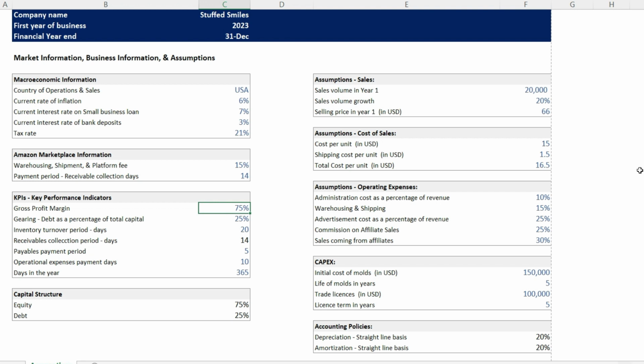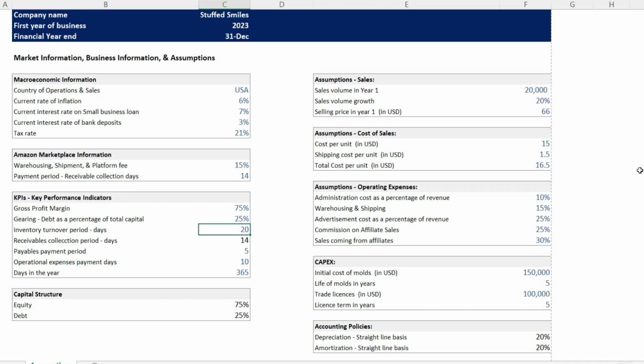The gearing, which is basically debt as a percentage of total capital of the company, the client has agreed to maintain at 25% to begin with, but as we move year on year, we will not be maintaining that. This is just the gearing level to begin with, but as we move forward, we will not be managing the gearing on a yearly basis, because that is a little bit too much unnecessary work.